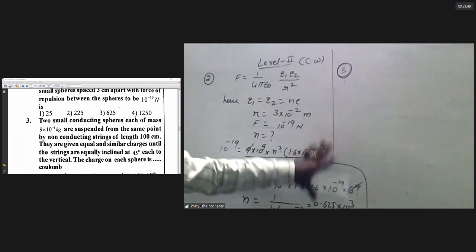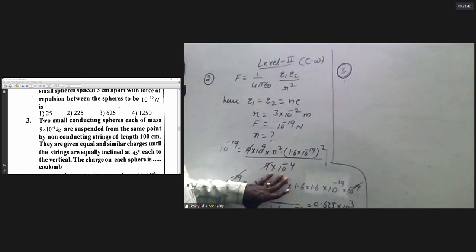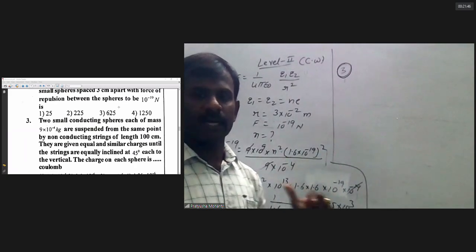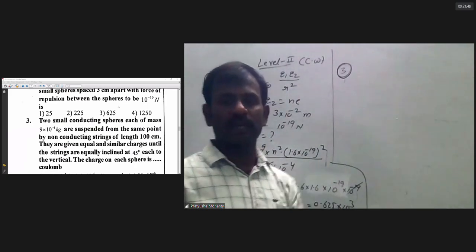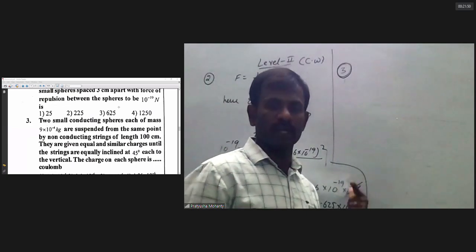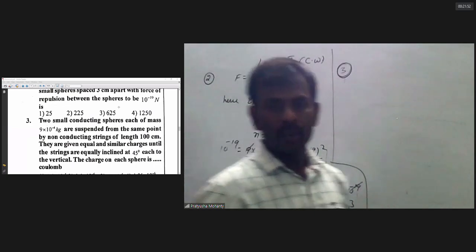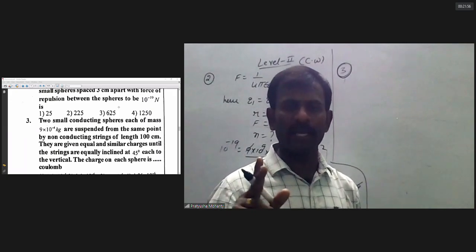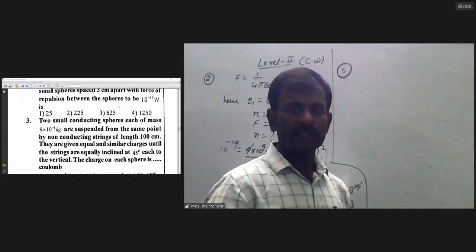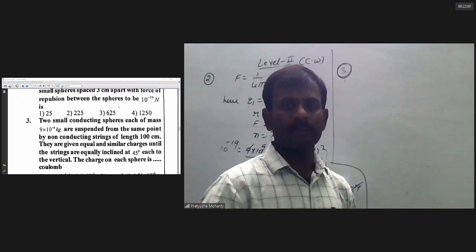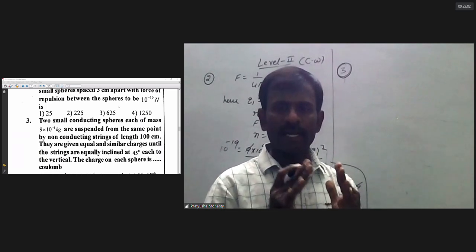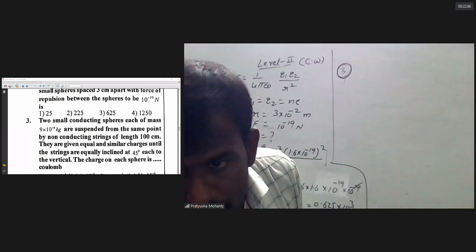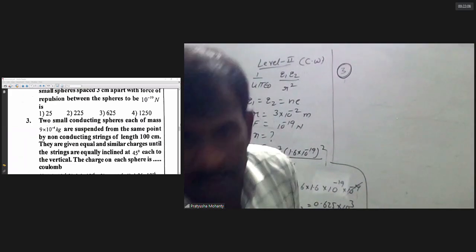So the rest of you, stop doing this question and see the next one. After I explain the formula and the procedure, then you proceed with the calculation. See, two small conducting spheres, each of mass m, suspended from the same point by non-conducting strings of length L, 100 centimeter.